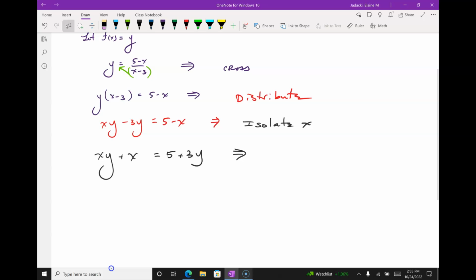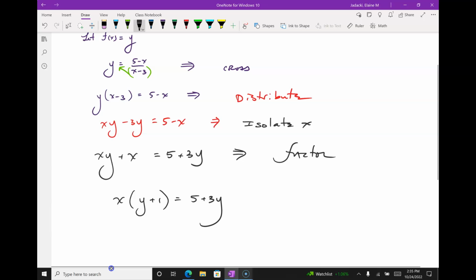Factor. Now it's like I have x times some number, right? So that means I can divide by that number and solve for x.